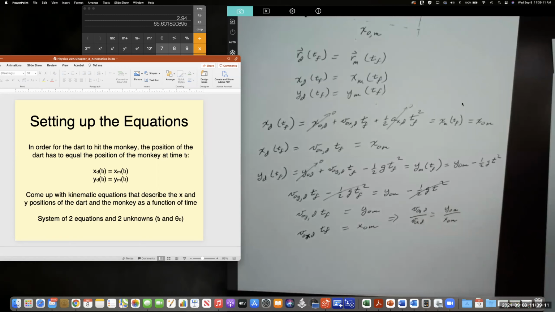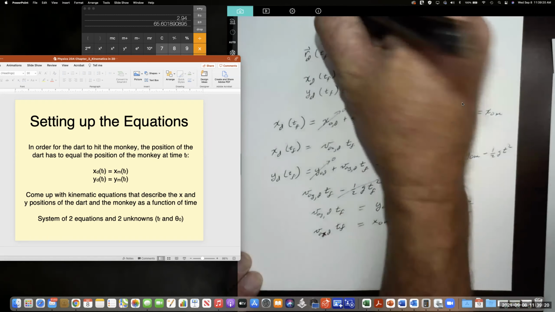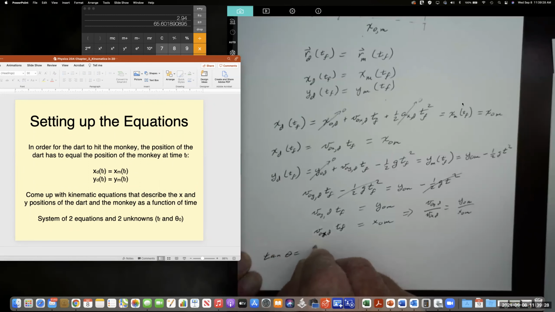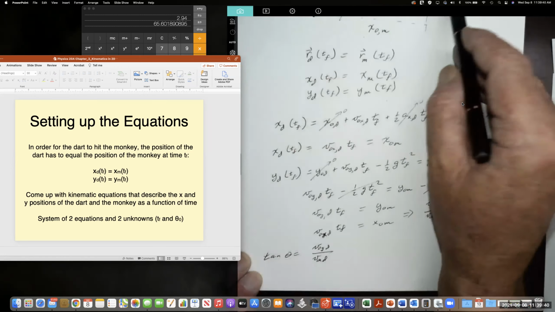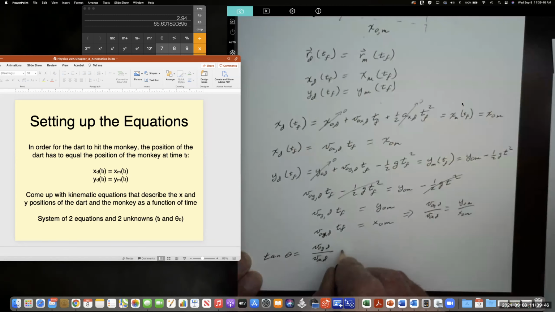No matter where the monkey is, these ratios stay constant, the v0y and v0x. And look at this angle here, theta. The tangent of theta is equal to v0y dart over v0x dart. That's the definition of tangent theta, but that's the same as y0 over x0 for the monkey. So that's equal to y0 monkey over x0 monkey.